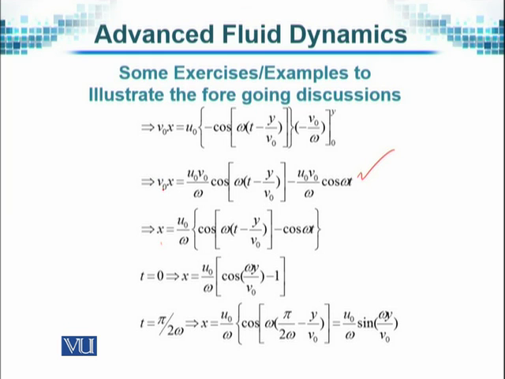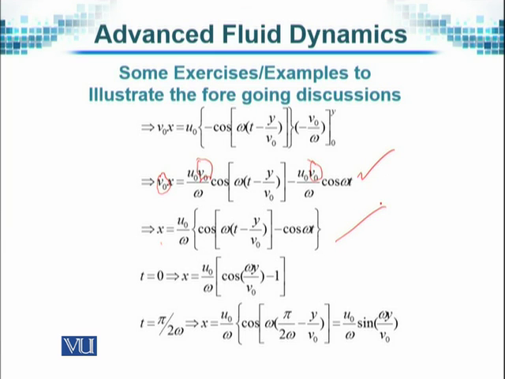You can see this v naught is a common factor occurring in all terms, and it is a constant. So we are free to divide throughout by this quantity, and the equation remains unaffected.